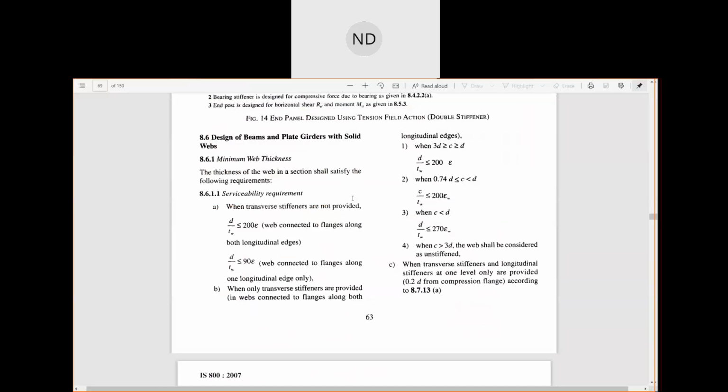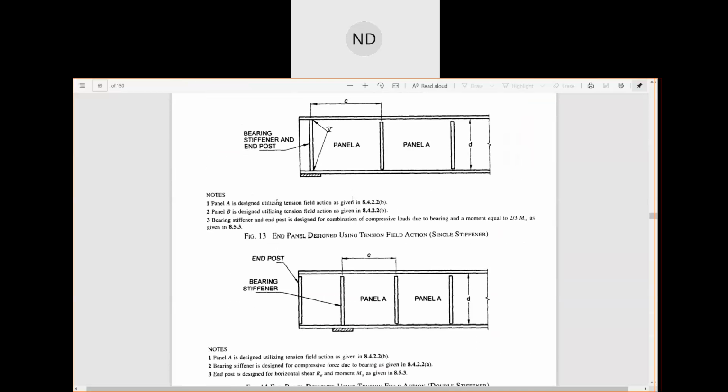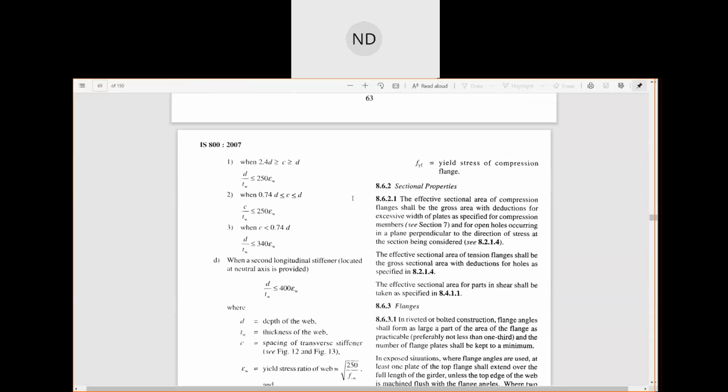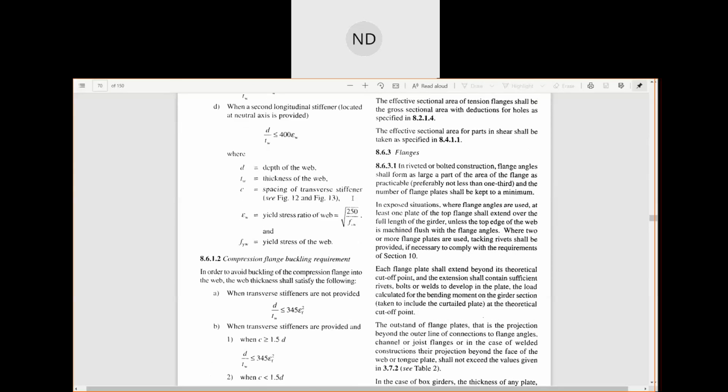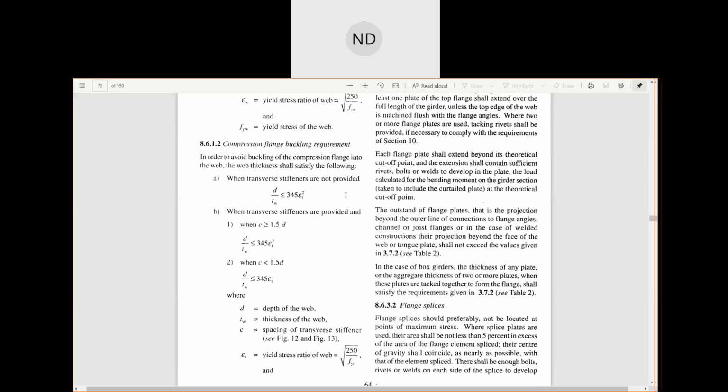Next, we have to check the compression flange buckling requirement, 8.6.1.2. See here, compression flange buckling requirement. In order to avoid buckling of the compression flange into the web, the thickness shall satisfy the following. When stiffeners are not provided, and we know our stiffeners are not provided, d by tw should also be less than or equal to 345 epsilon f square.